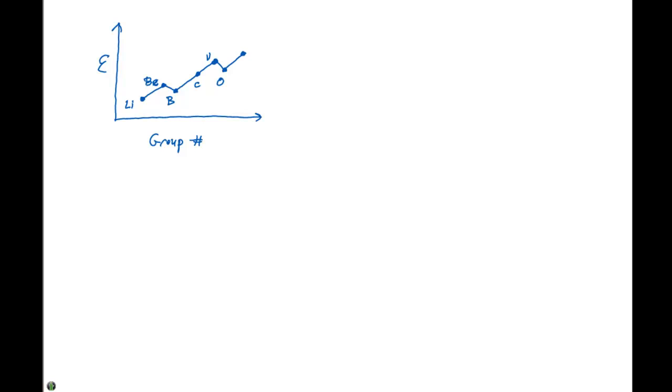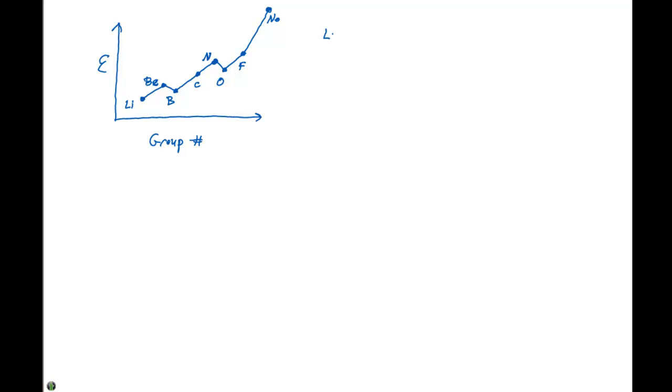Then it's going to increase when we go to fluorine, and then neon kind of goes off the charts. So the question is, why do we see this type of trend in ionization energy? It can be explained if we look at the electron configuration.